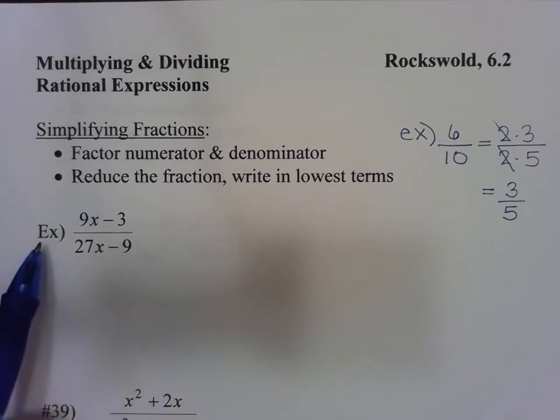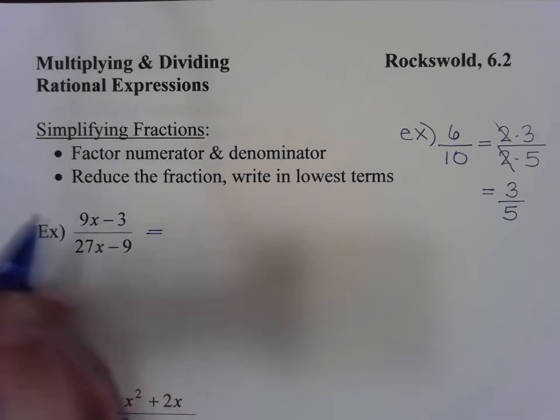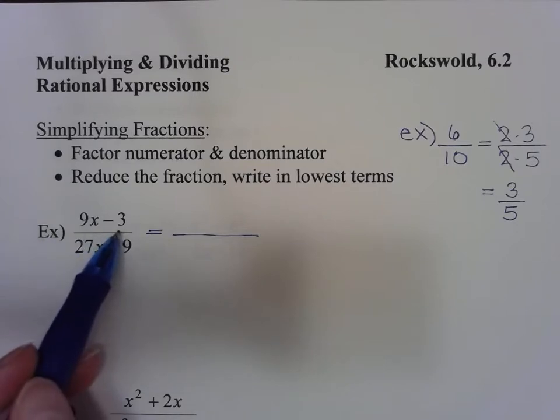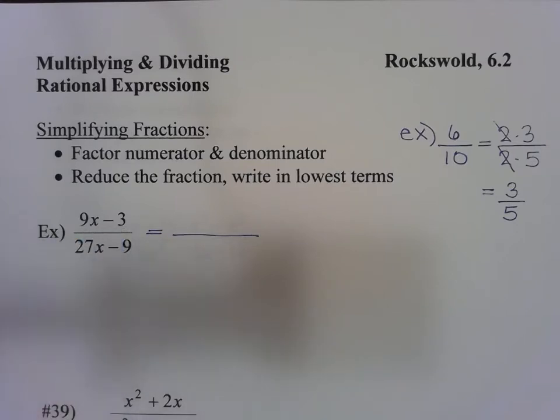All right, so let's try this one. We have 9x minus 3 over 27x minus 9. This type of factoring, I think, kind of throws people off sometimes, but don't forget about the GCF. That's what we're working with here. So in the numerator, what's the GCF?